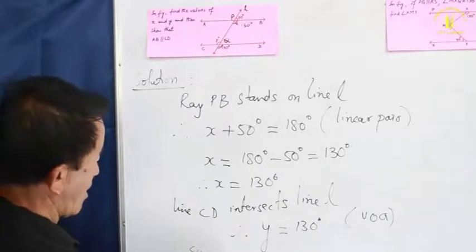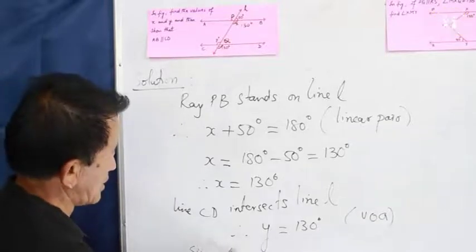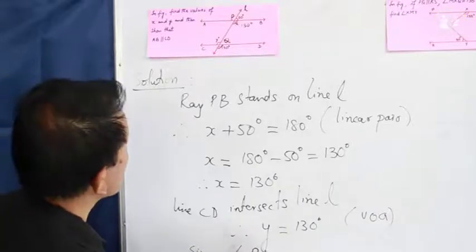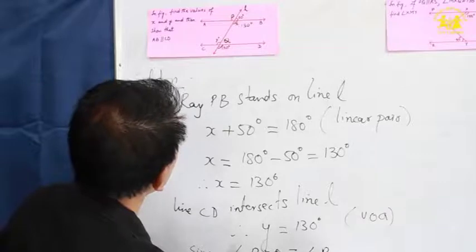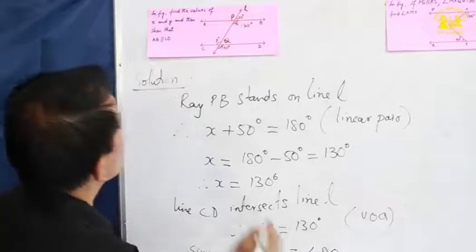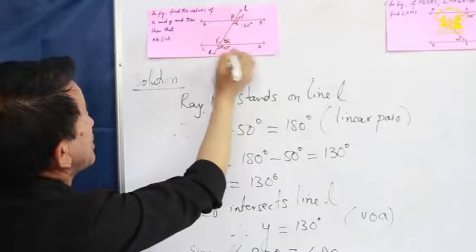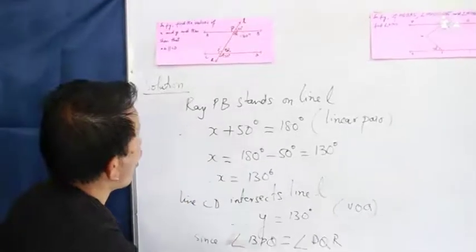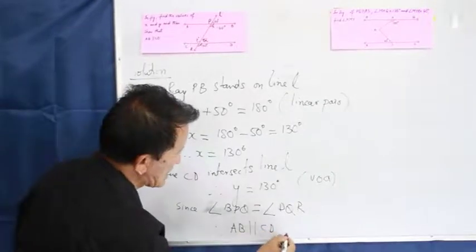Since angle X, now we write it like this instead of angle X: since angle BPQ is equal to angle DQR, let's say point R, therefore AB is parallel to CD.